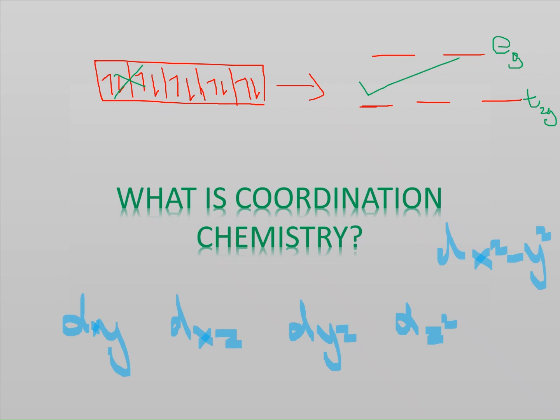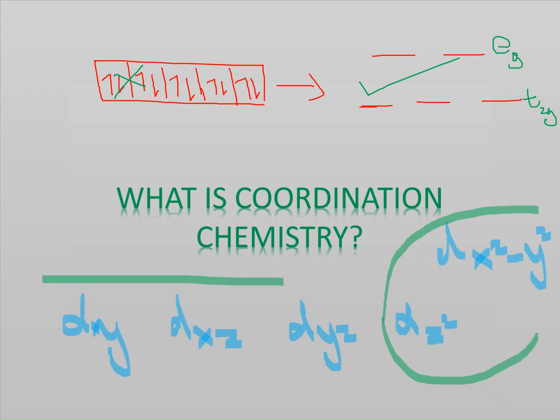So all the squares will be the EG level. These two will be grouped as EG, and the other 3 here will be categorized under T2G. So you see, this is how the d orbitals are split.